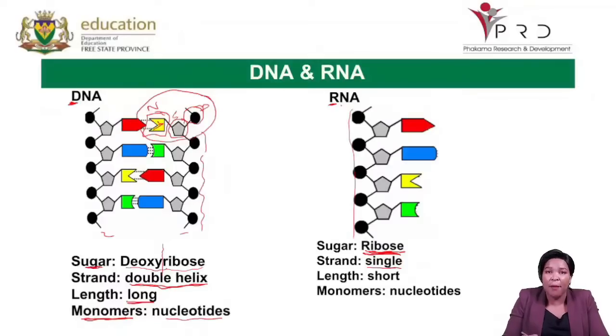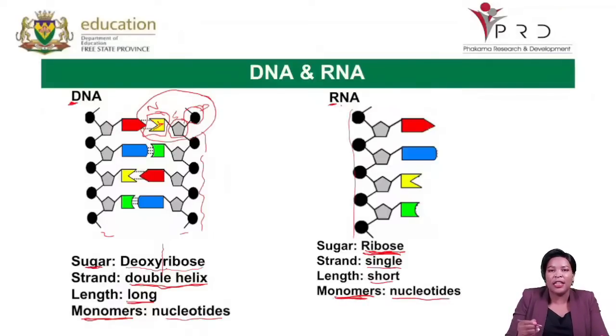If you remember the shape of mRNA and tRNA, then you can see that it is just a single strand. Then the length, mostly the length are short. Remember, tRNA can only bring the required amino acid with the matching anticodon, so those are very short molecules. So it is also made out of nucleotides, meaning the building blocks.